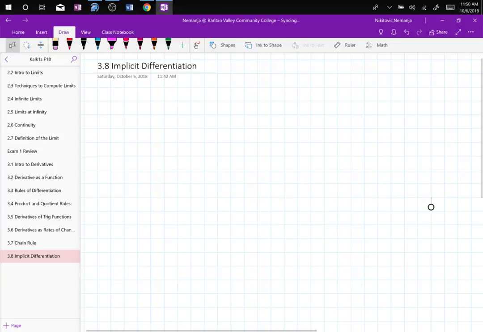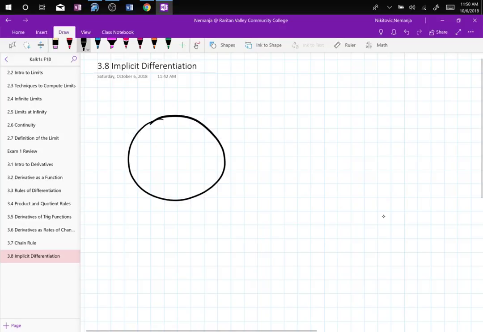So implicit differentiation is something different from the entire chapter, actually, because this is what you use when you have an expression that is not a function.